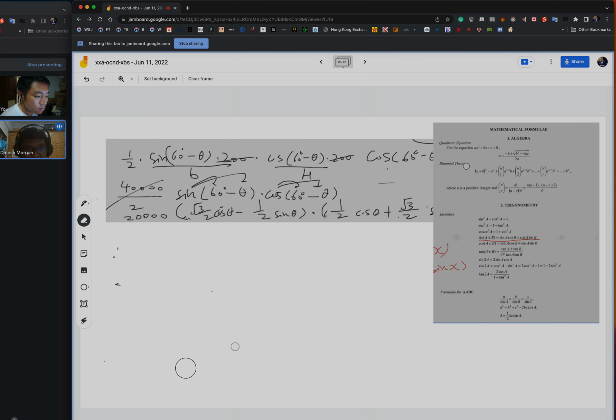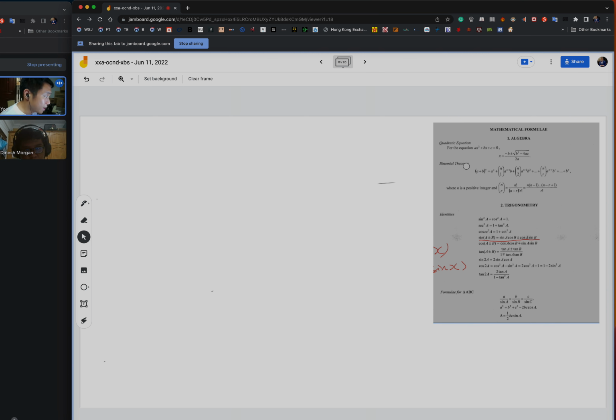If I miss out anything, you have to fill up the blank, okay? Help me out. I have summarized it to three ways to differentiate.